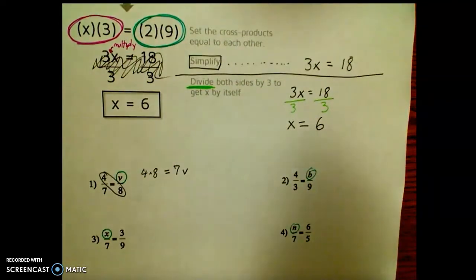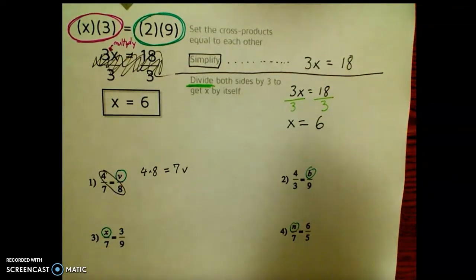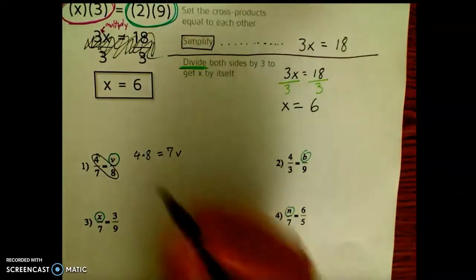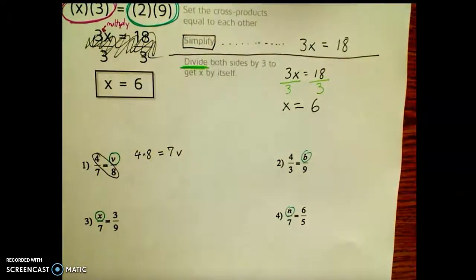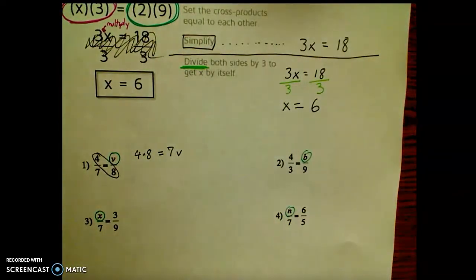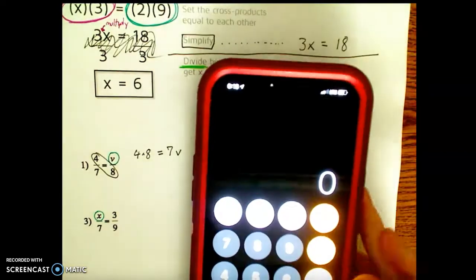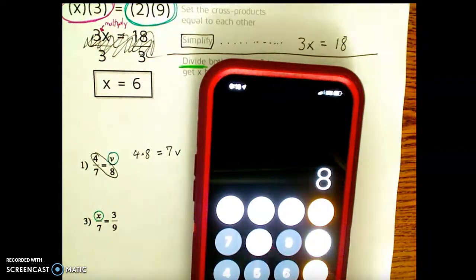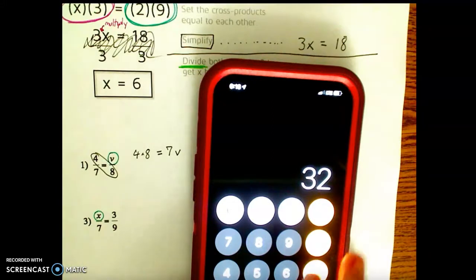All right, I did step 1. Next, I need to simplify. I'm going to actually multiply 4 times 8. Calculator ready. 4 times 8 equals 32.